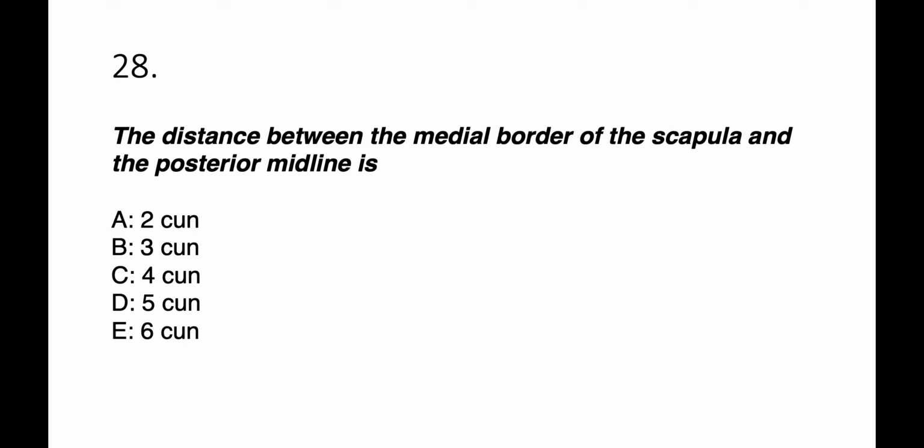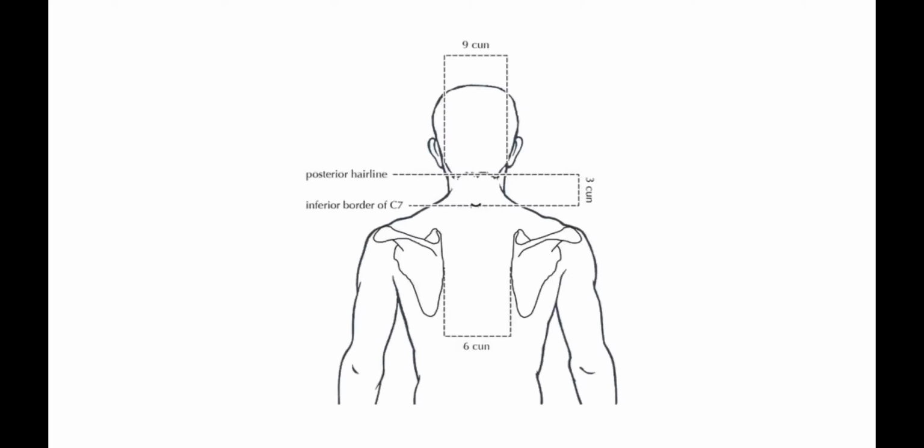Very good. Yes. So, all of you have the probe? Meron na po kayong probe? Yes, I have my own. Okay. Ito na po ang picture. So 6 tune, 3 tune. So from the posterior hairline to locate the inferior border of C7, how many tune? 3.